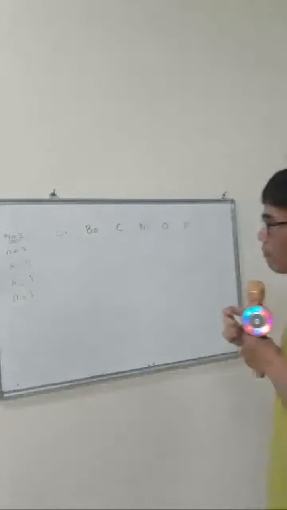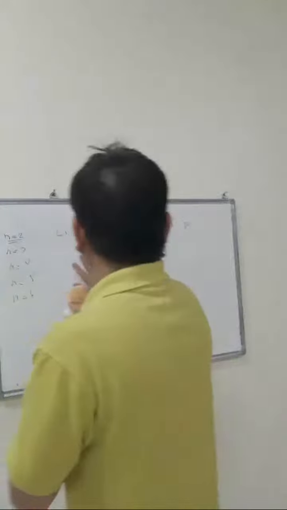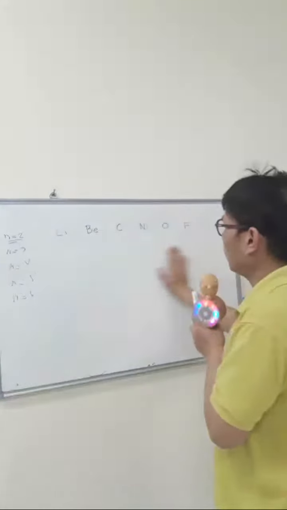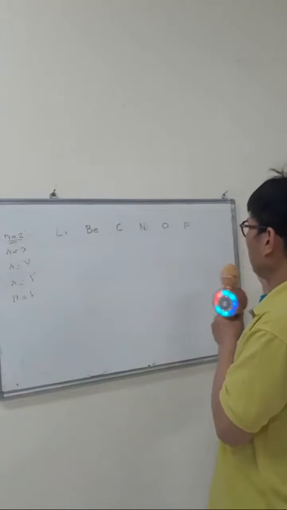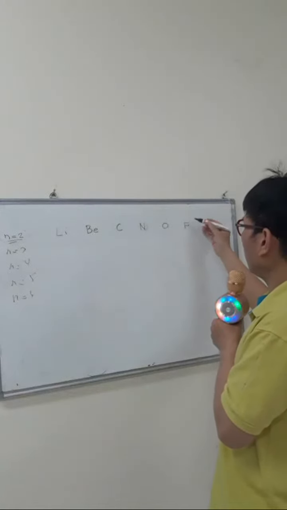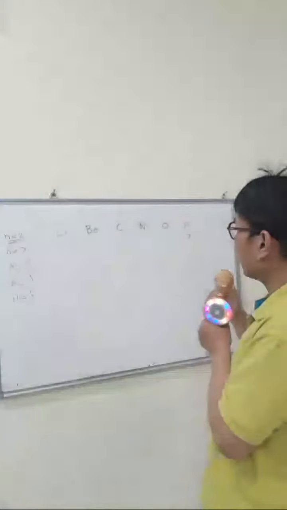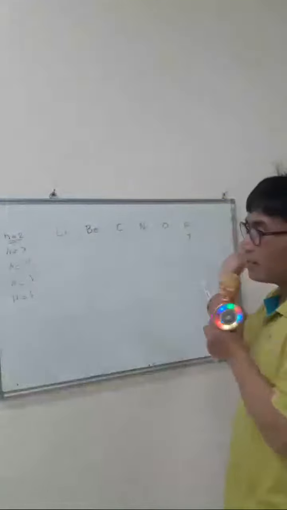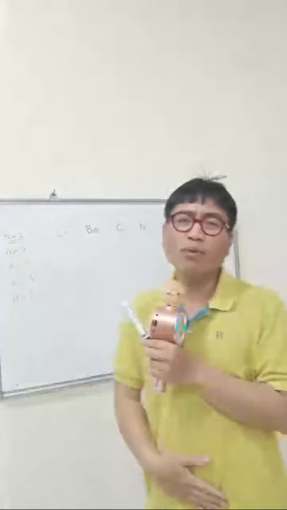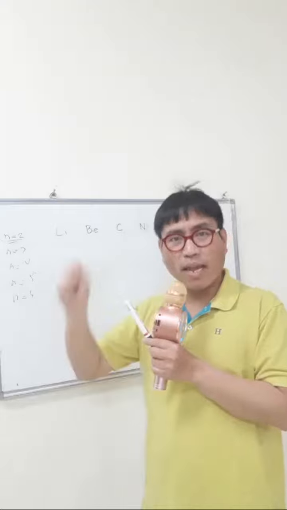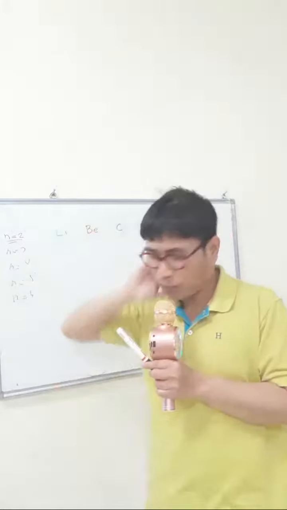Now we will discuss the octet rule for Lewis structure. The valence electrons of fluorine is 7. When we say valence electrons, that's not the same as the number of electrons based on the atomic number.